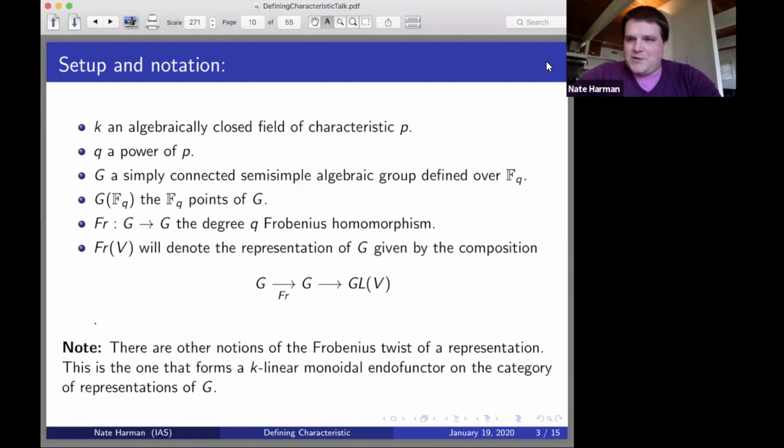But the other natural Frobenius twist functor is only Frobenius linear. So they're closely related, but this is the k-linear one.